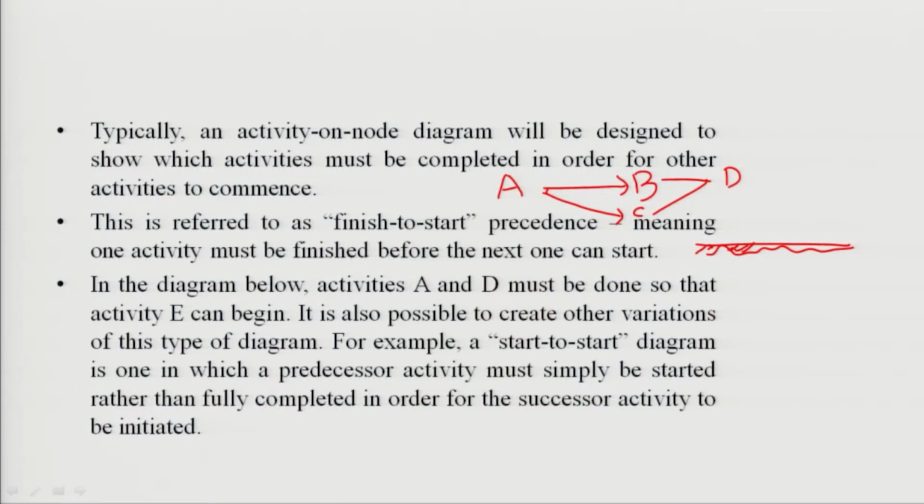Until we fill the digs and make it properly leveled, we are not able to put the upper level or concrete layer to make a proper road. So, finish to start precedence reflects that one activity must be finished before the start of the next work.